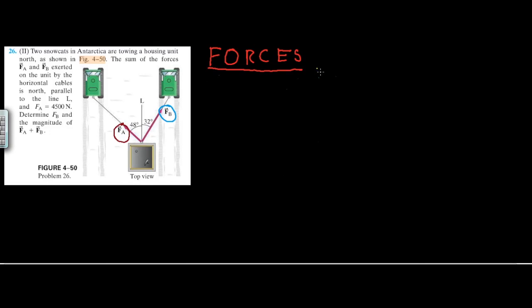So the first thing I like to do with these problems is I want to consider what particular direction this is going, if any direction, and is this a balanced free body diagram? For the free body diagram, we're going to be demonstrating the forces exerted on the housing unit, and because these two tow trucks are moving both in this direction, we can assume that there is an unbalanced force going up.